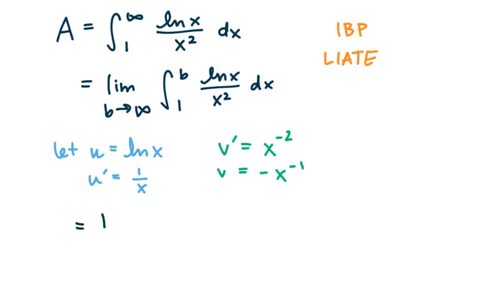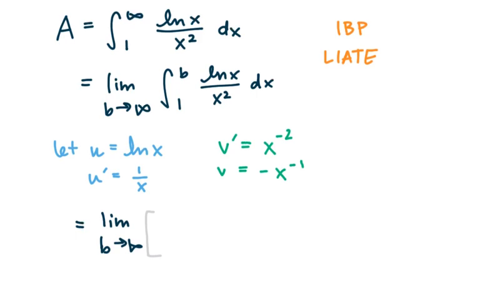So this is equal to the limit as b approaches infinity. We're going to put a brace here. So this is going to be uv minus the integral of vu prime. And just for the sake of making my life easier, I'm going to rewrite this v as negative 1 over x.